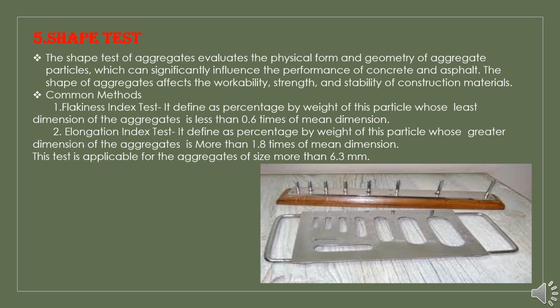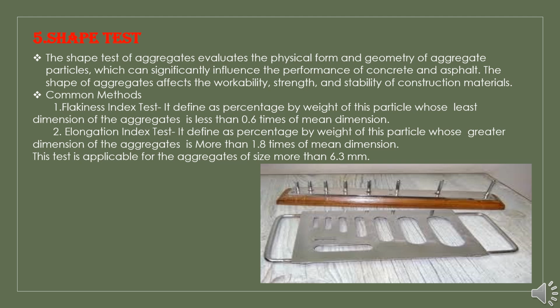First we discuss the flakiness index test. This test is defined as the percentage by weight of the particles whose least dimension is less than 0.6 times the mean dimension. This means the least and smallest dimension of the aggregate is less than 0.6 times the mean dimension.